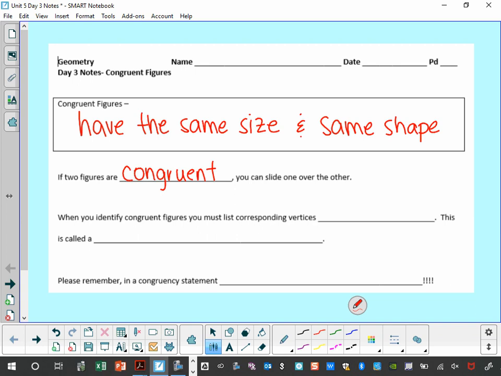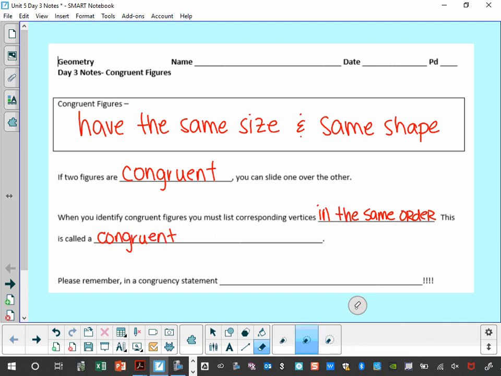When you identify congruent figures, you must list corresponding vertices in the same order. This is called a congruency statement. You'll hear this word a lot.